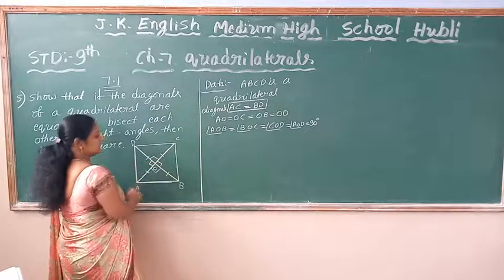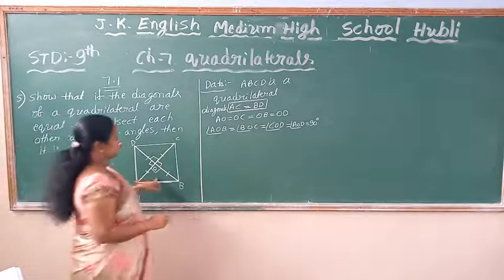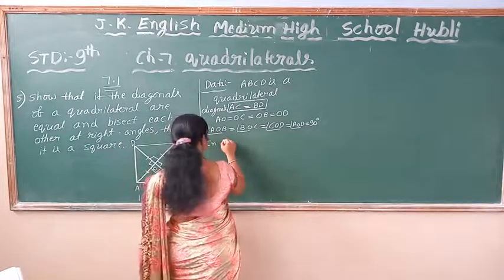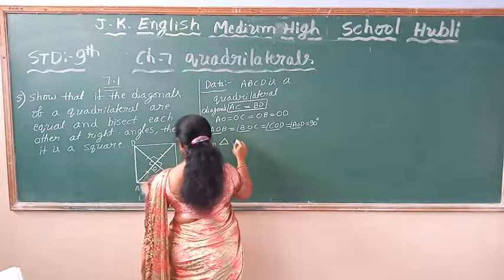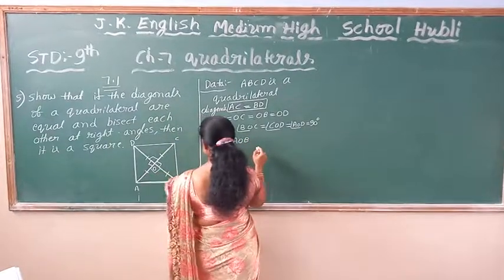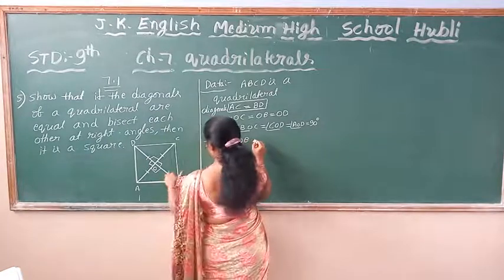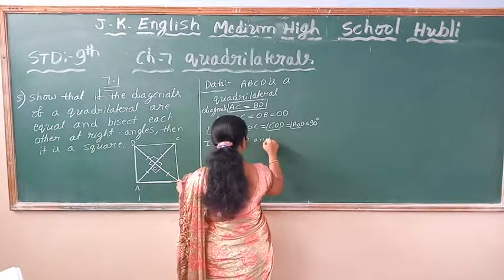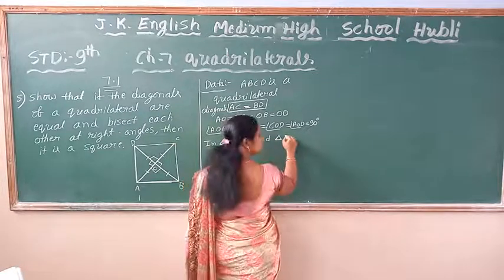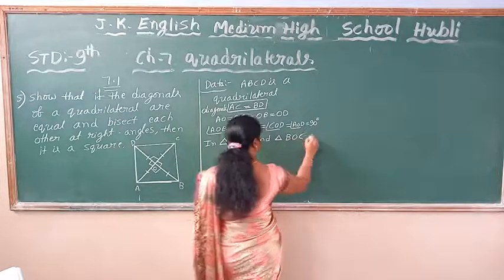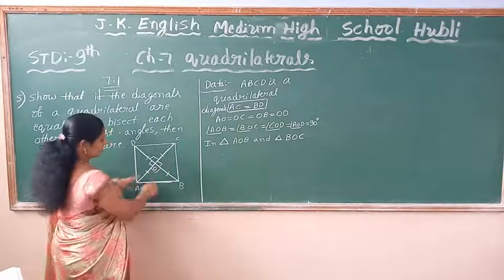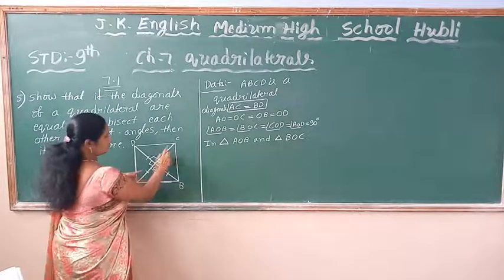In these two triangles, triangle AOB and triangle BOC, we already know OA is equal to OC.